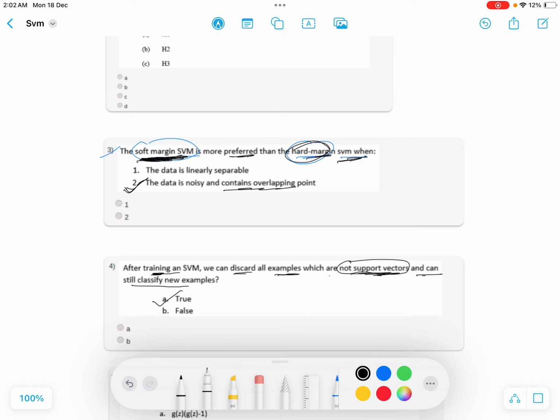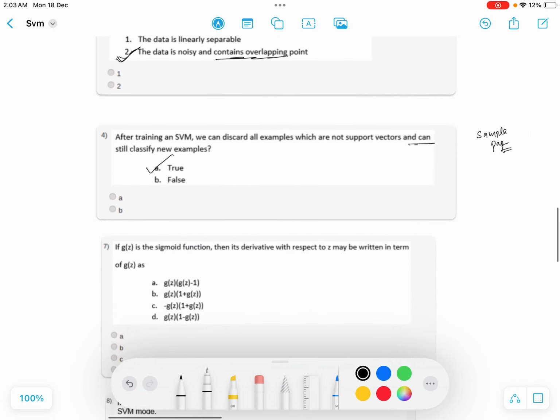How this algorithm works and why only support vectors are required to make the classification, and not the non-support vectors. So the correct answer for this is true, right? And the same question was on the sample paper, where I have also given the answer, right?